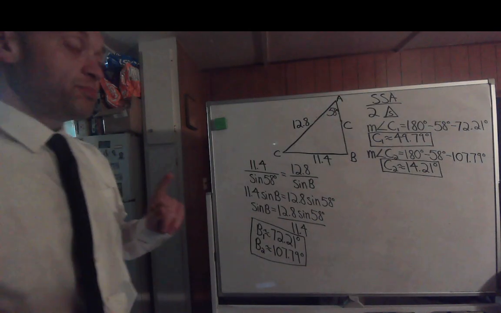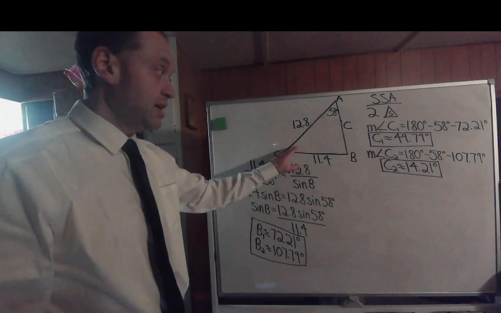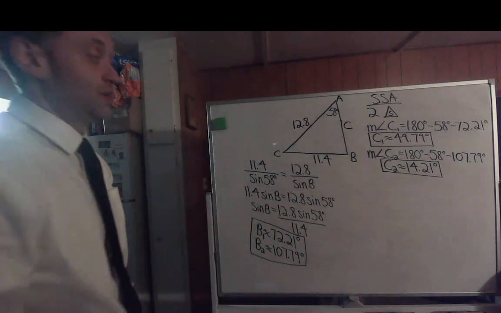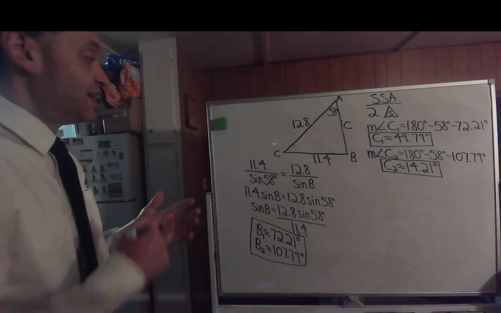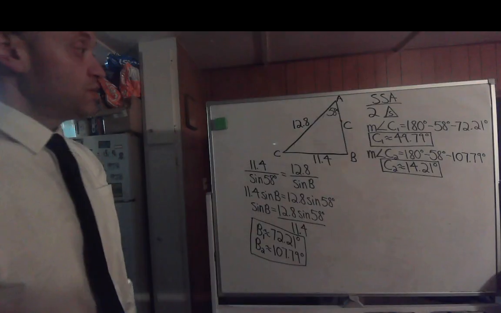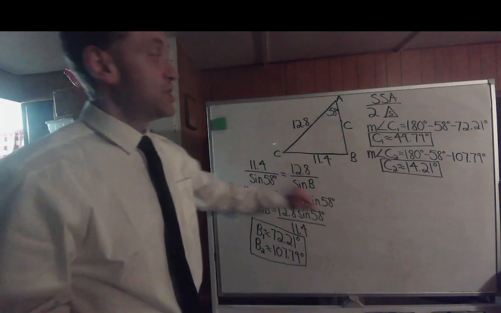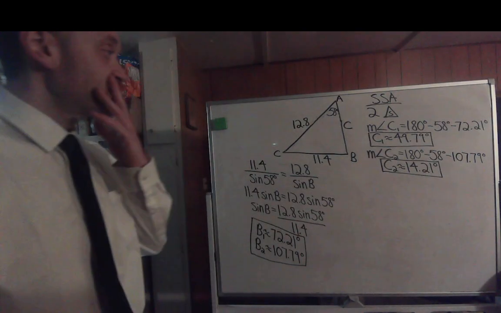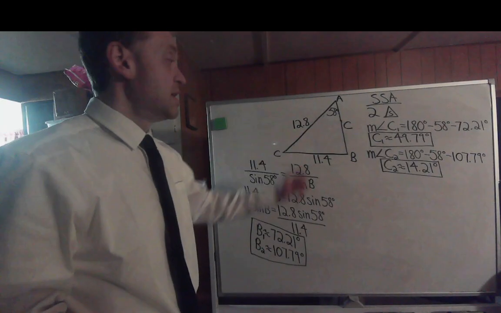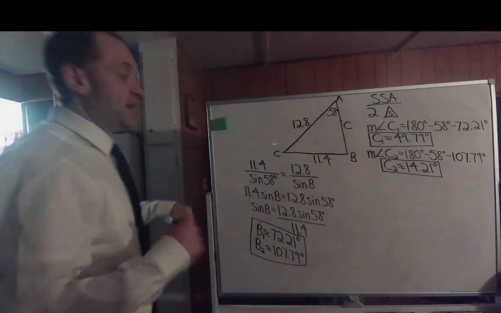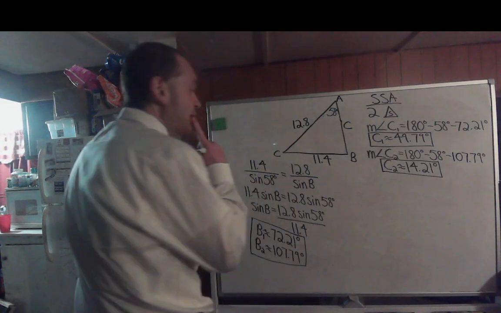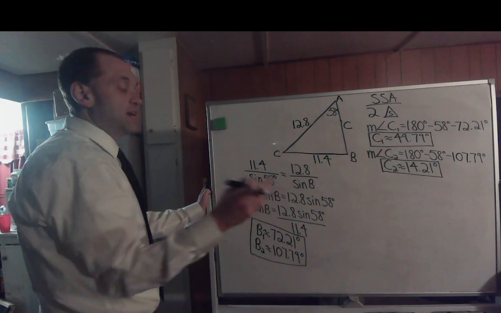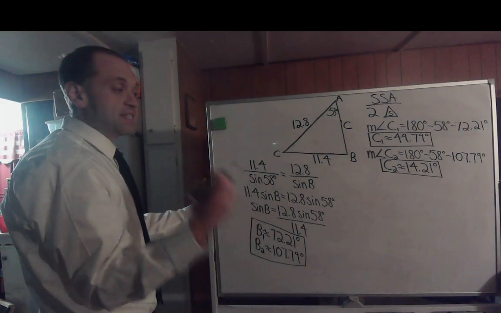Now if we have two possible measures of angle C, that means we have two possible lengths for side C also. So the plot thickens. We know sides A and B. We don't know side C. We have two values for angle C. So let's set this up to find side C1. Let's relate these to angle A and side A, because A has an exact angle.